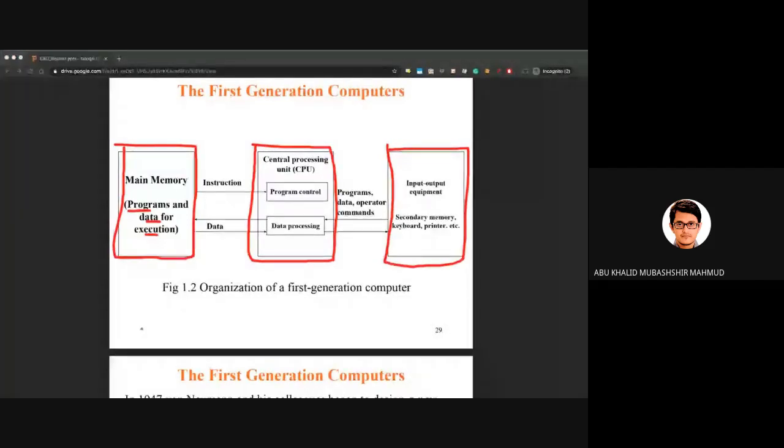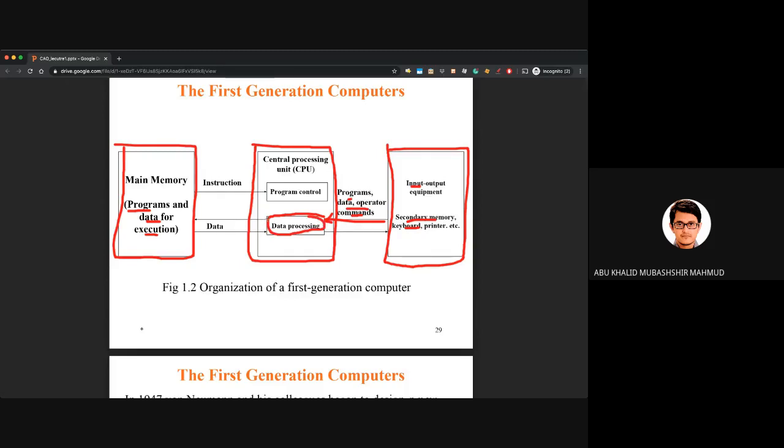Now, when we try to input some instructions to the computer, we use secondary memory or keyboard for inputting the data. Programs, data, operator commands, etc. are input by secondary memory or keyboard, and the data is processed in the CPU.